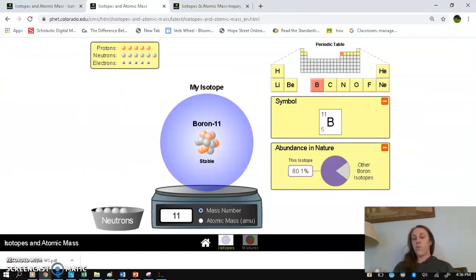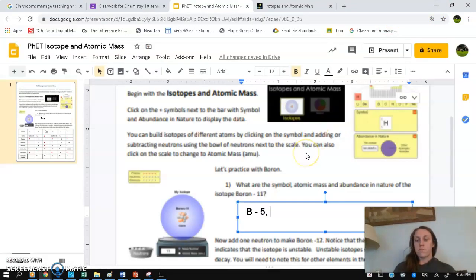Right where it's at, 80.1% in nature of isotope 11.